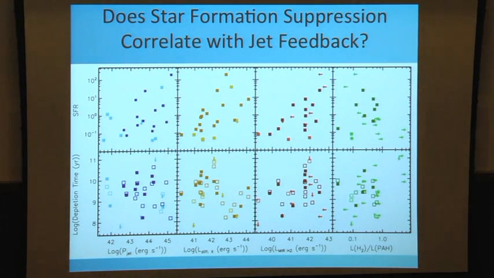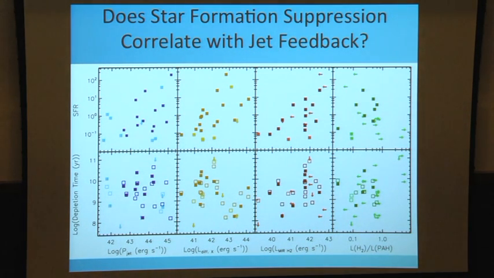These are lovely scatter plots. There are no clear correlations. The only one that might hint at it is this one between star formation rate and diffuse X-ray luminosity. But when you have star formation, you have winds from star-forming regions, you have supernovae. These contribute also to the diffuse X-ray luminosity, so that can't be attributed to the jet feedback impacting the star formation rate.